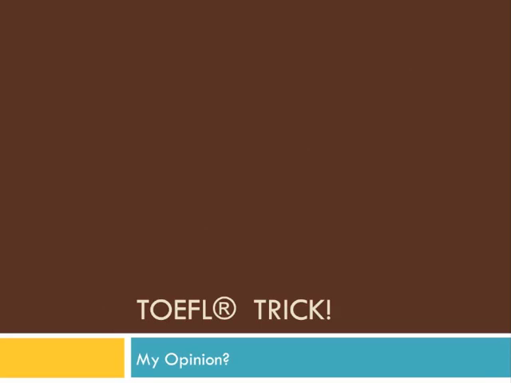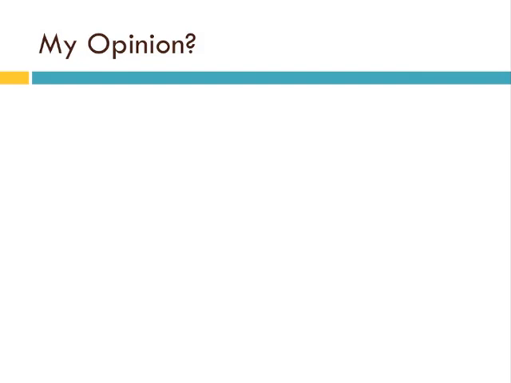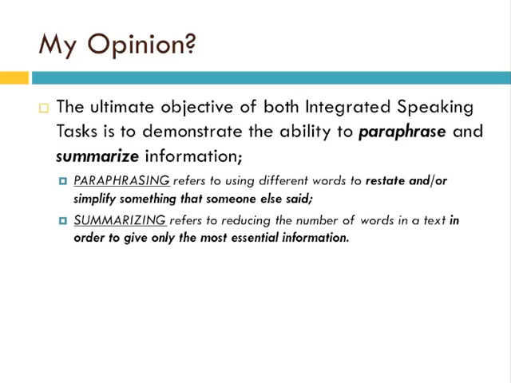Now, I think it's important to remind students that this part of the test is not about your opinion of what the professor said. And sometimes I find that students often forget what the actual purpose is of the integrated speaking task. If you remember from the previous video, the ultimate objective is to show your ability to paraphrase and summarize information. Now, recall that paraphrasing is when you're using different words to restate something.